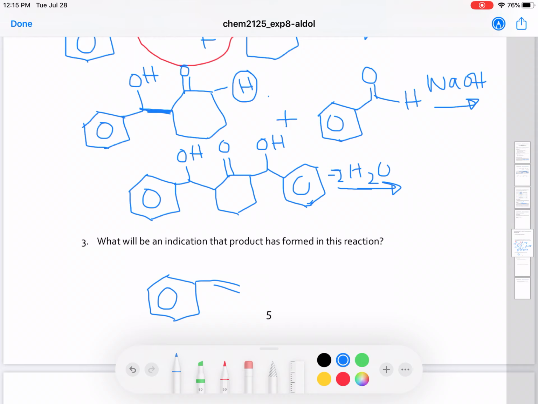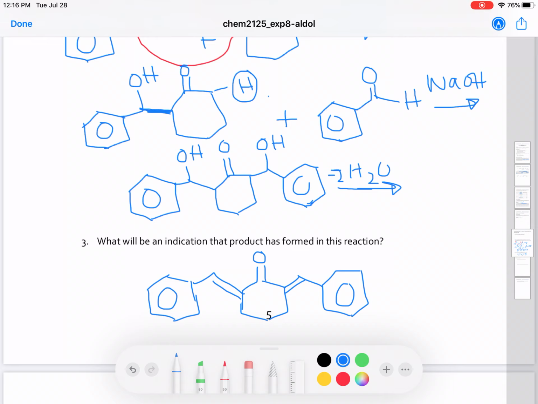Double bond. That's going to be your alpha-beta unsaturated product after you remove two water molecules.